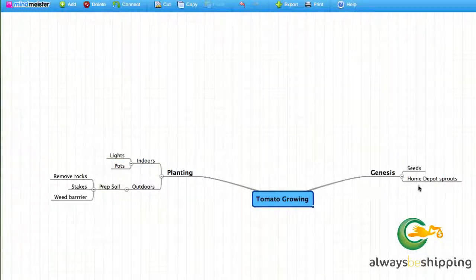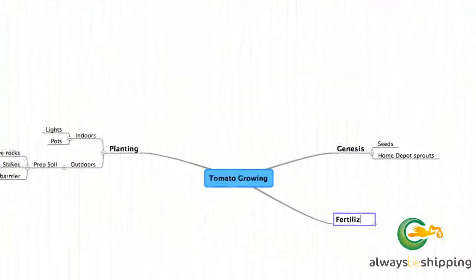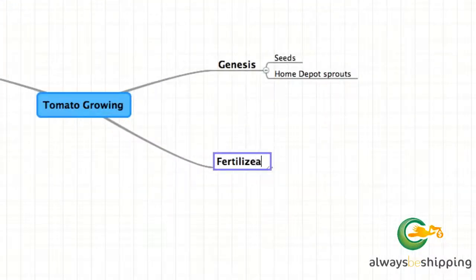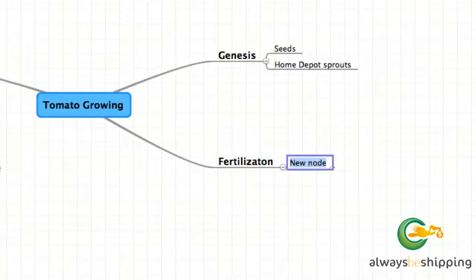Okay, so we've found what we're going to grow, we've decided where we're going to plant it, and then we need to fertilize it. And to fertilize, T-I-L-I-Z-A-T-I-O-N, that looks better. To fertilize it, we're going to need, let's say Miracle-Gro.